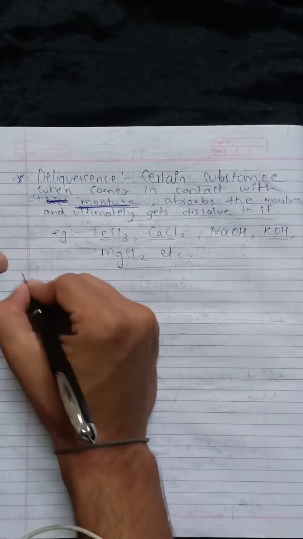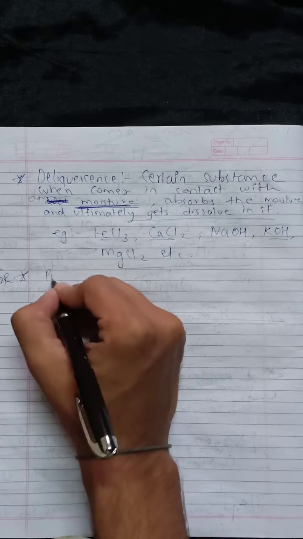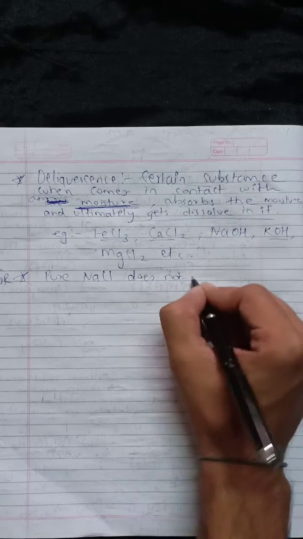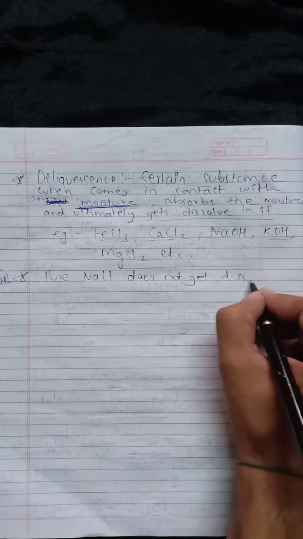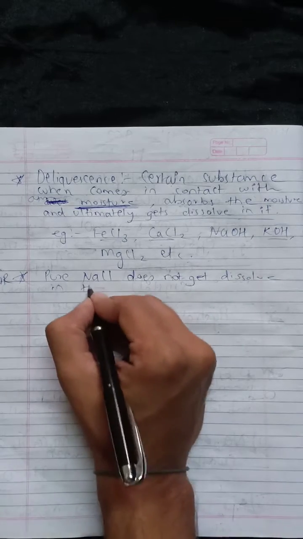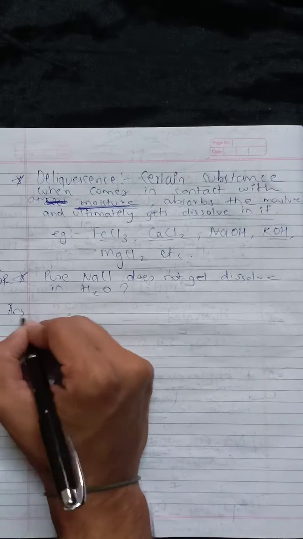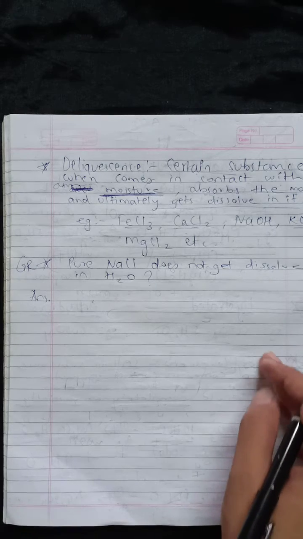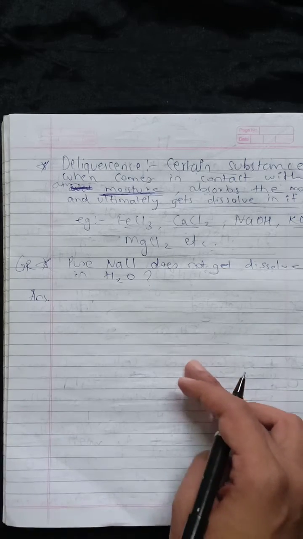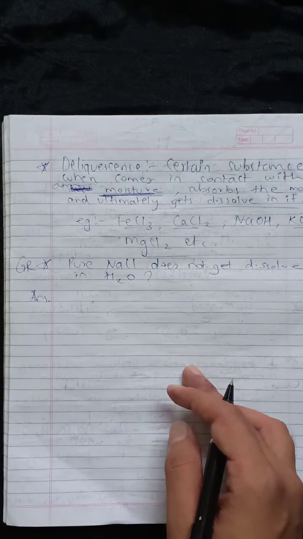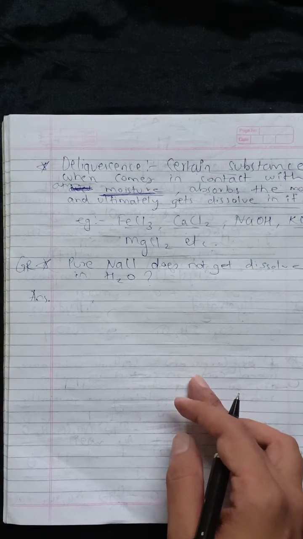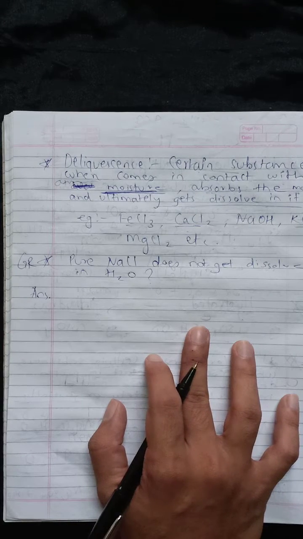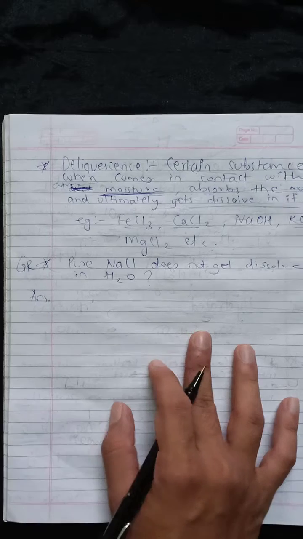But there is a given reason. Pure NaCl does not get dissolved in water. See, if we look at the salt which is formed at the riverbed, there is a lot of NaCl we can find at the riverbed, but that salt, due to the waves, does not get dissolved.